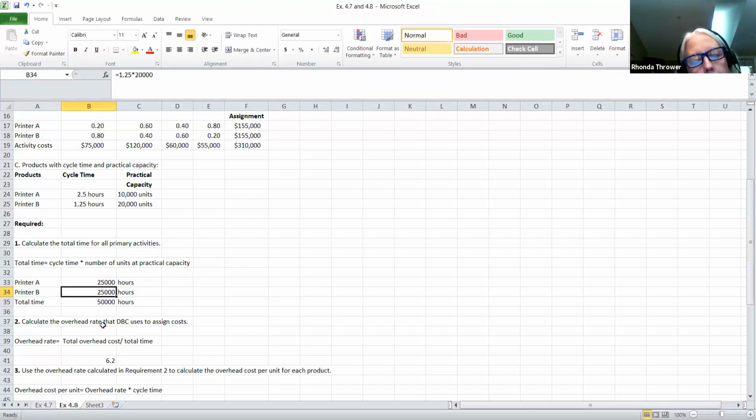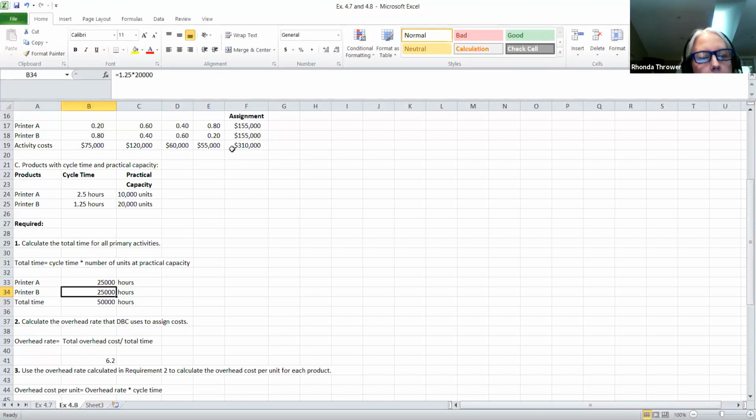In part 2, they want you to calculate the overhead rate. And the overhead rate is found by taking the total overhead cost and dividing it by the total time. Your total overhead cost was given.